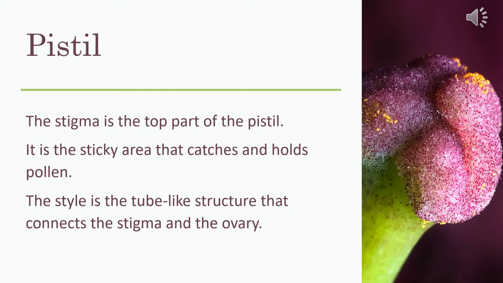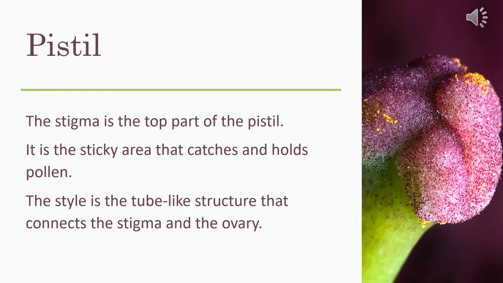So it will create different features and characteristics in its reproductive organs to make the most possible seeds as quickly and efficiently as it can. So part of that is having a sticky stigma that catches and holds individual grains of pollen.